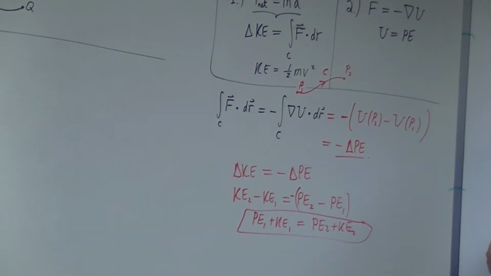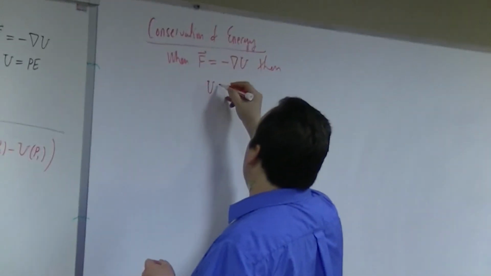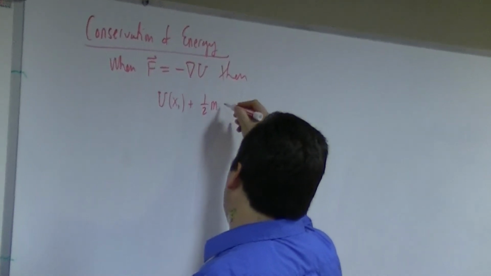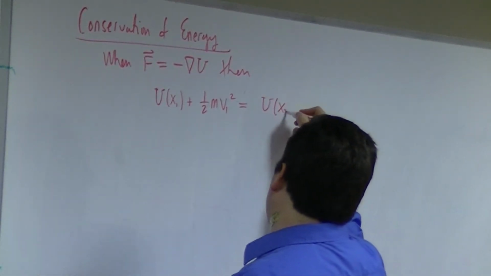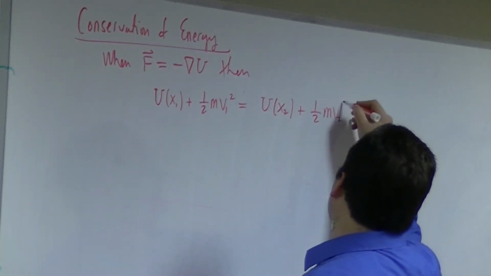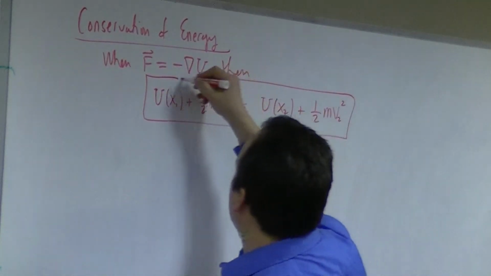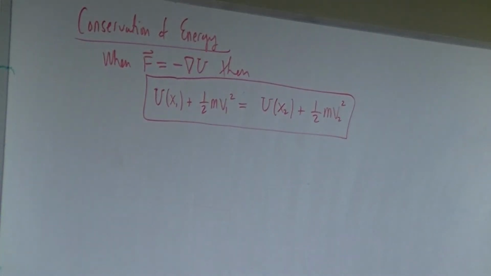So when the force is equal to minus the gradient of the potential, then we have U of x1 plus 1/2 m v1 squared is equal to U of x2 plus 1/2 m v2 squared. So, I mean, more specifically, this is conservation of mechanical energy.